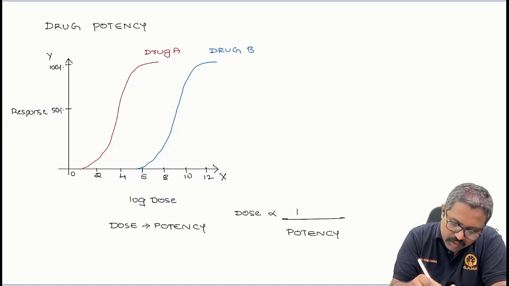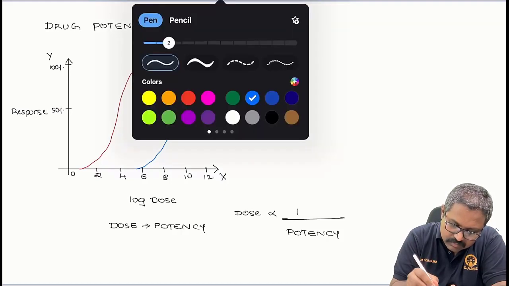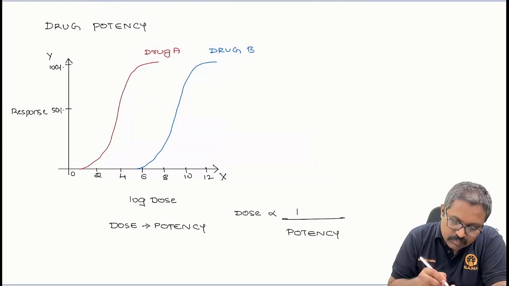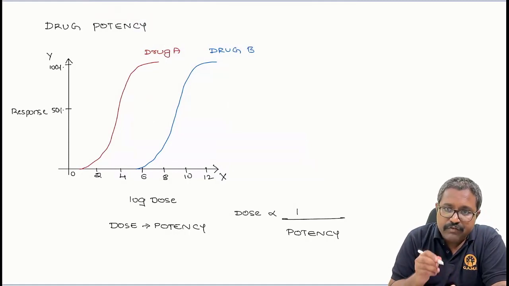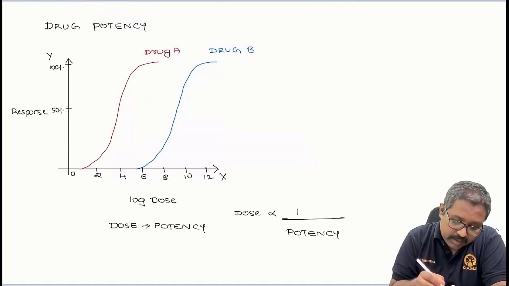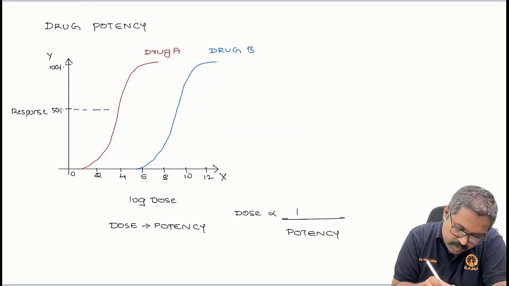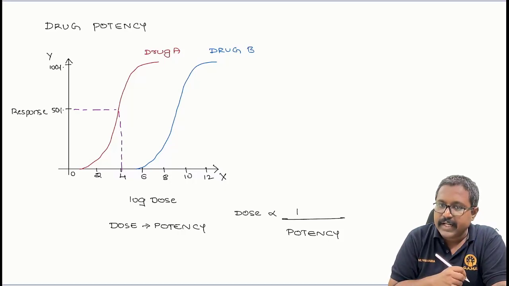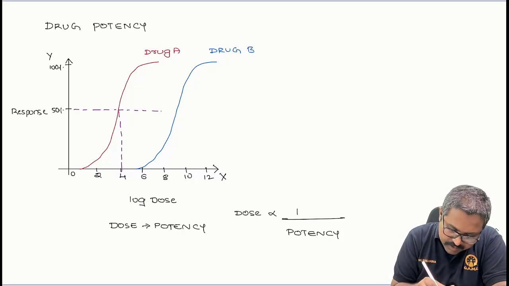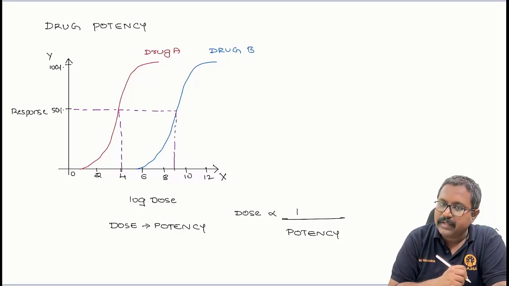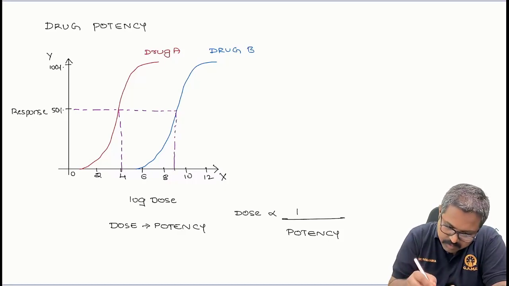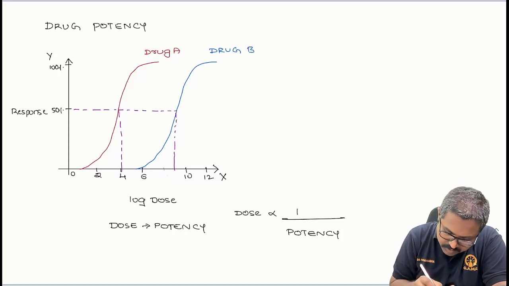So here you can see, let us draw the effective concentration for both drug A and drug B. So this will be your effective concentration for drug A, and this will be your effective concentration for drug B. Let us assume this will be the 8 here.